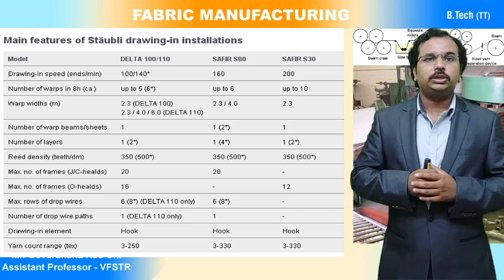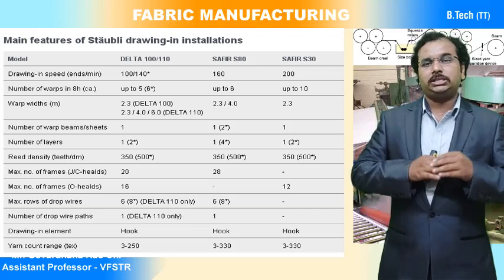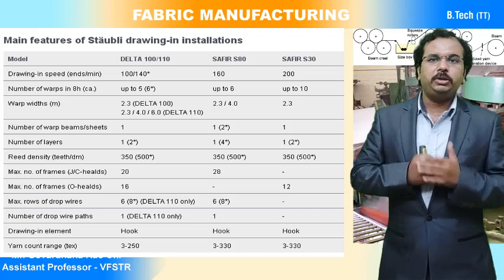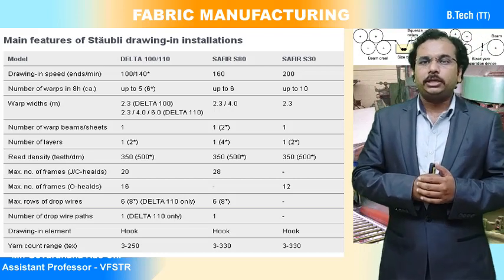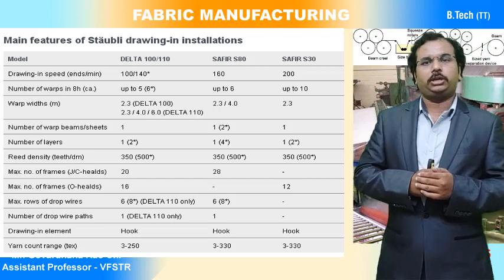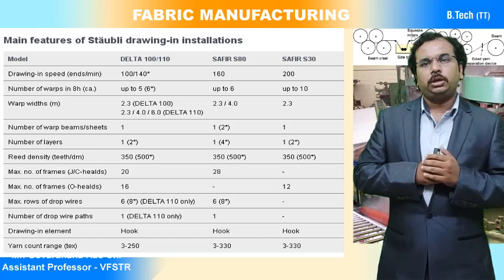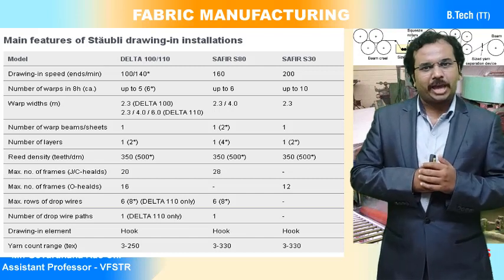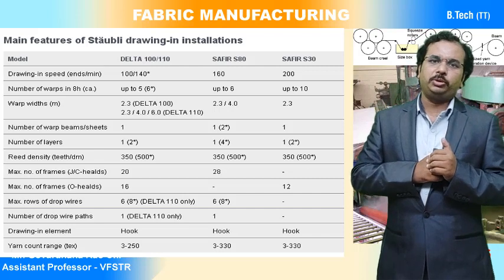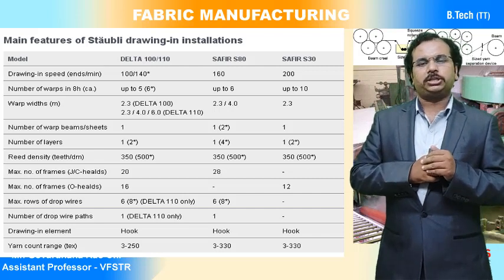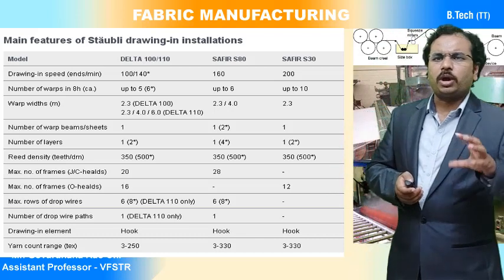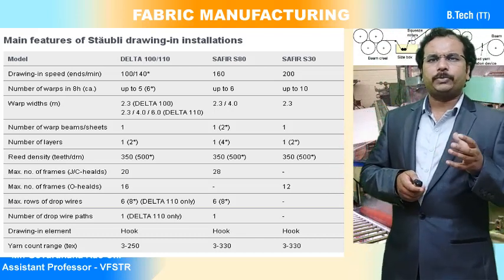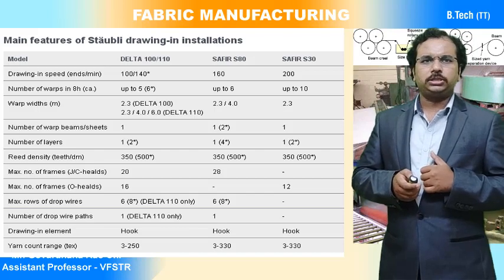What is the count range, what is the hook type, what are the beams, how many beams can be used, and how many heald frames can be utilized at maximum in the automatic drawing-in machine. These are some technical specifications. We'll see one small video on the automatic drawing-in process now.